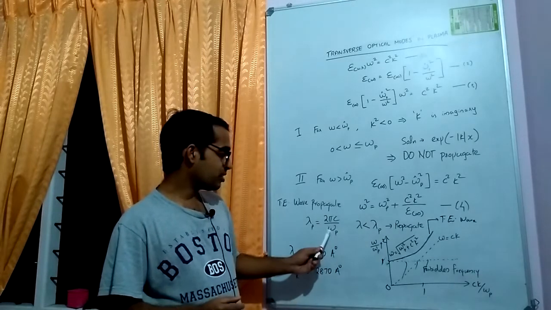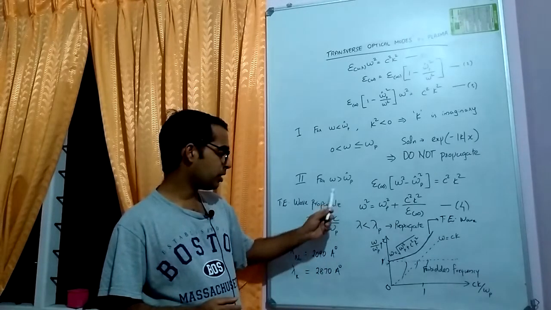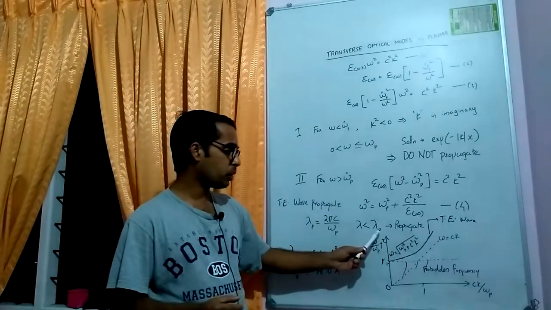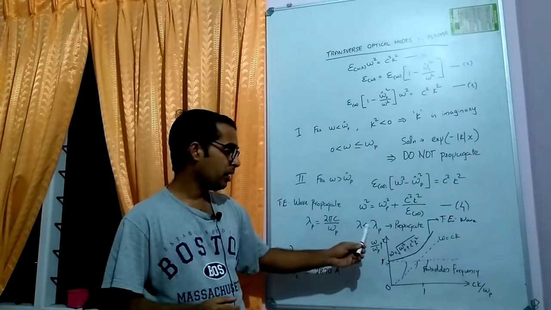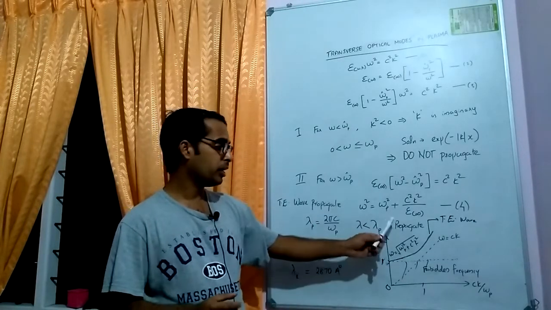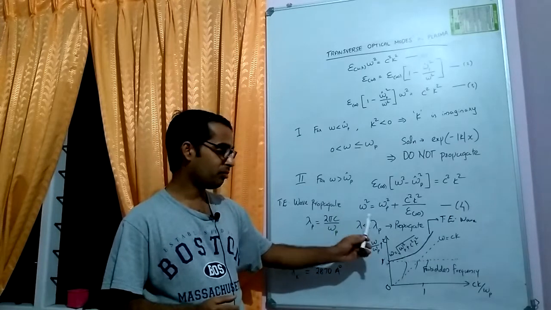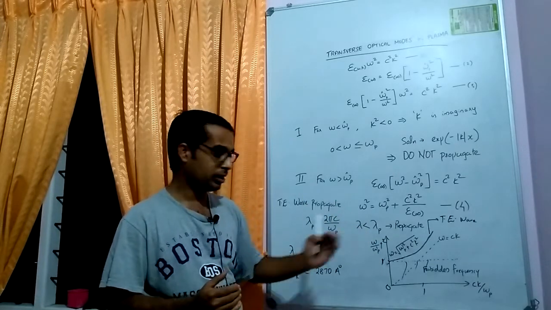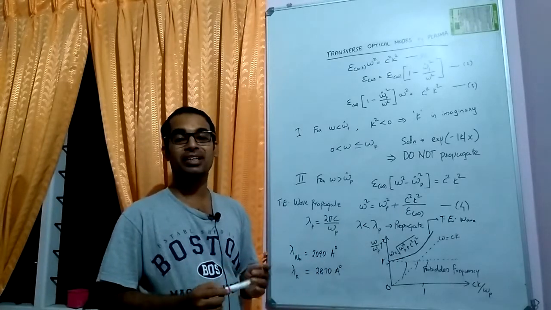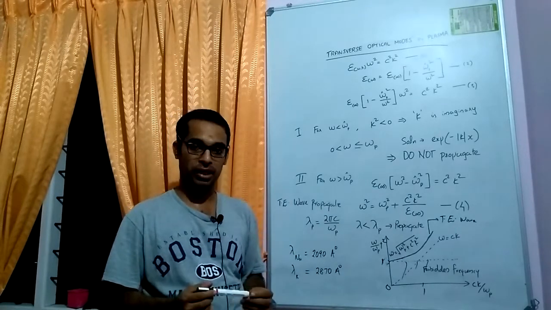Since omega greater than omega p is equivalent to lambda less than lambda p, there will be propagation of electromagnetic wave through the medium when the wavelength is less than lambda p, the characteristic wavelength of the medium.